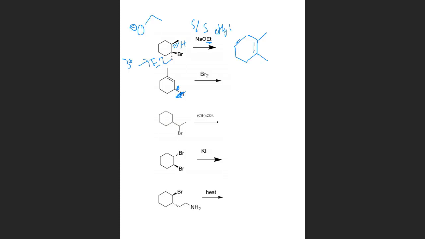This is our propagation step, but because this is resonance stabilized, I'm going to resonate this radical to see if there's a more stable position. When I do that, I get this. So now I've gone from a secondary radical to a tertiary radical. So now this is going to be the more stable position, and we're going to form this product.